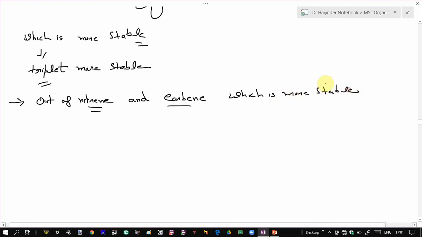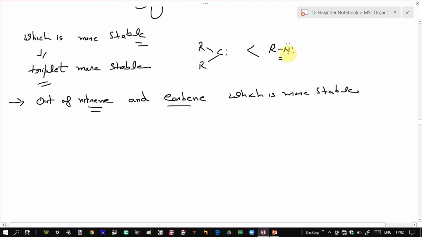Now both are electron deficient compounds. Both nitrenes and carbenes are electron deficient compounds. In carbenes, you have one non-bonding pair of electrons present over carbon, while in case of nitrenes, you have two non-bonded pairs of electrons present over nitrogen. Now out of these, nitrenes are more stable as compared to carbenes. These nitrenes are more stable as compared to carbenes.